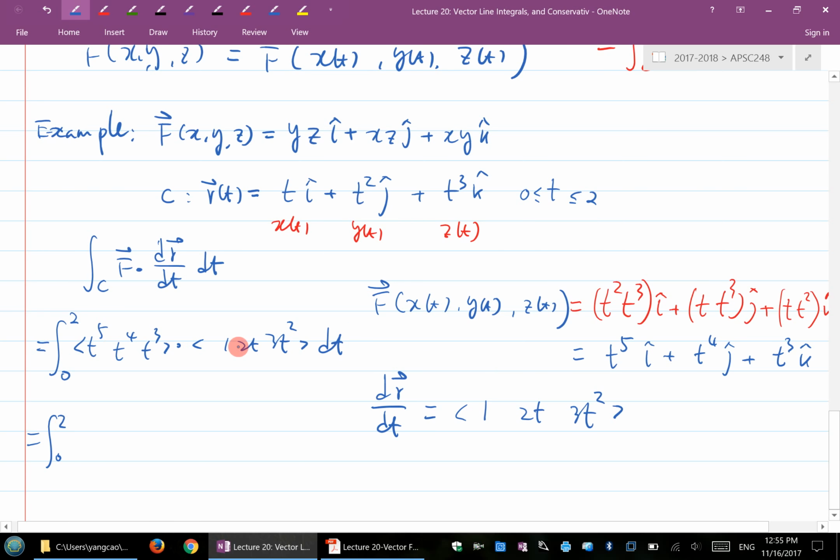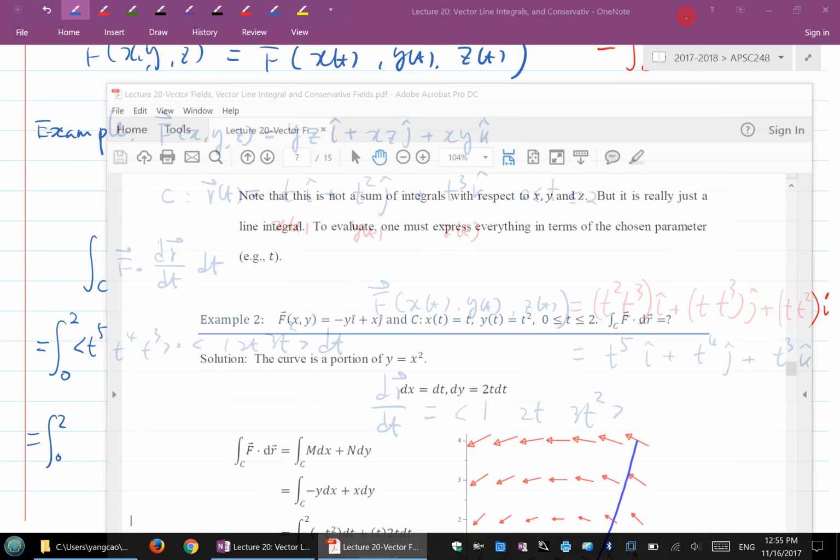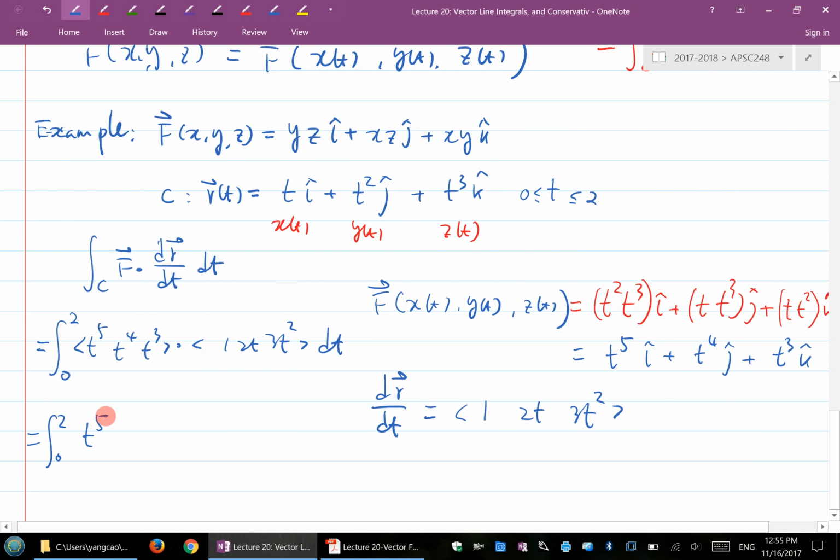So t^5 times 1, plus t^4 times 2t, so 2t^5, plus t cubed times 3t squared, so 3t^5, and dt.